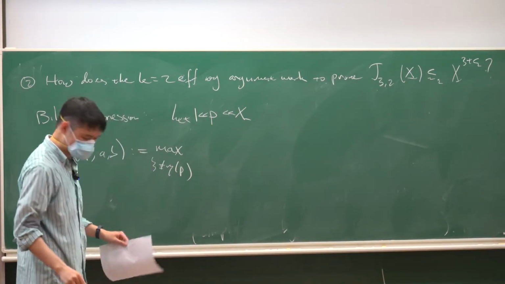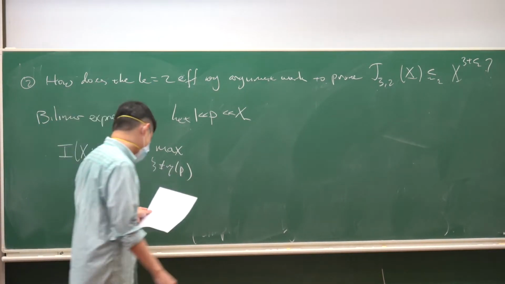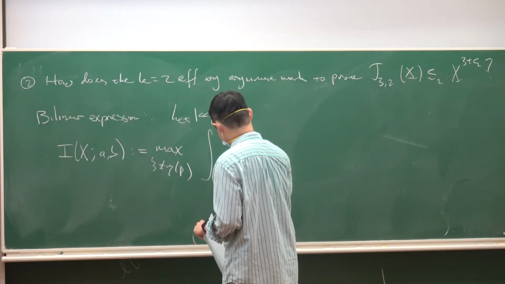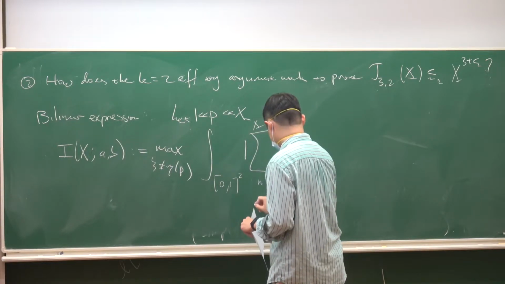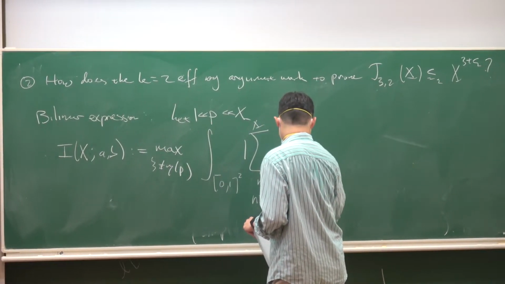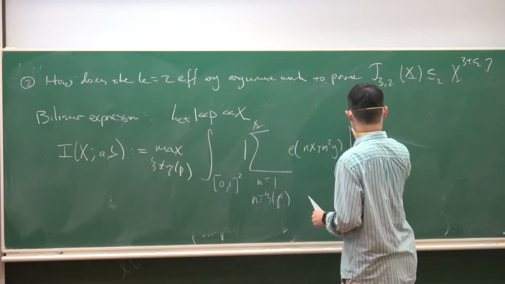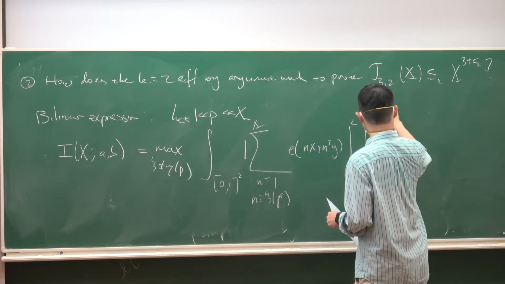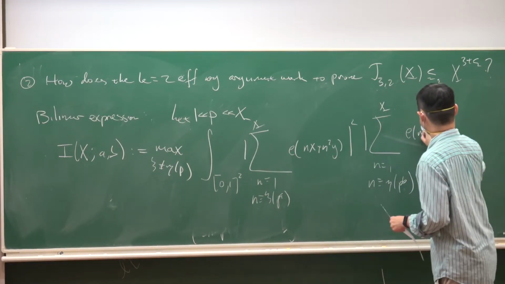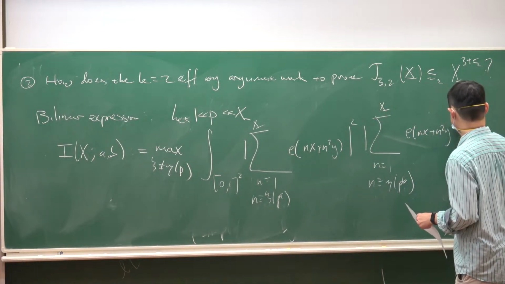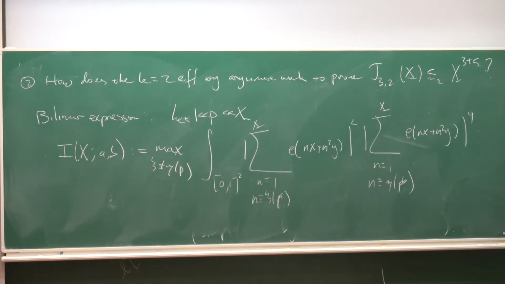So I'm going to actually have a residue class C mod p to the a and another residue class mod p to the b, and they're not congruent to each other mod p. And I'm going to consider this expression over here. Okay, so they consider this expression over here.